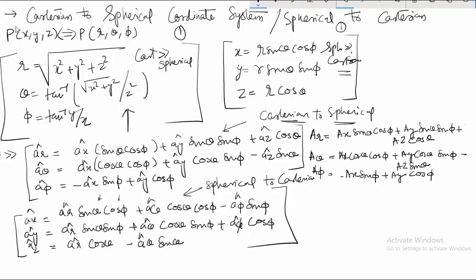So this is how we are converting each of the components from Cartesian system to spherical system.